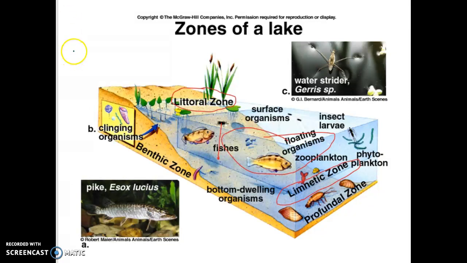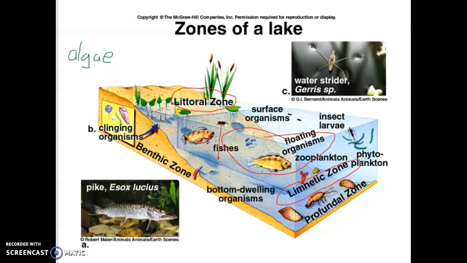The key, though, with producer productivity in aquatic systems, not plants, but algae. Algae, they are not plants. They are different. That's where your productivity is coming from, your primary productivity. And we can do the same thing with an aquatic system that we did with the land system.